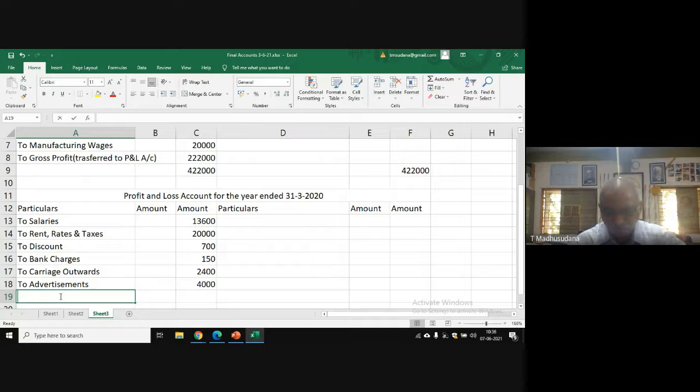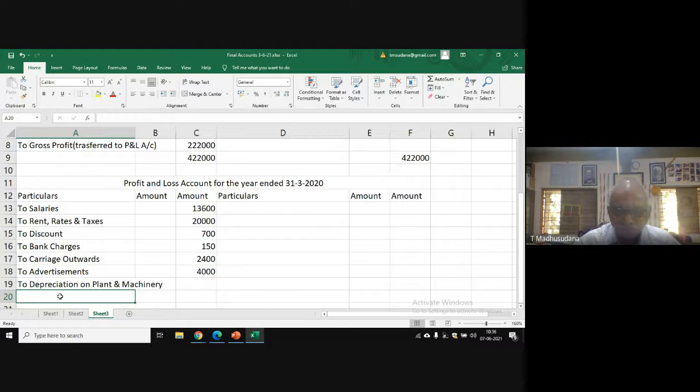Next, to depreciation. To depreciation on plant and machinery. Only one item is there, therefore directly you can write depreciation on plant and machinery. How is it to be calculated? Depreciation on plant and machinery is 12%.